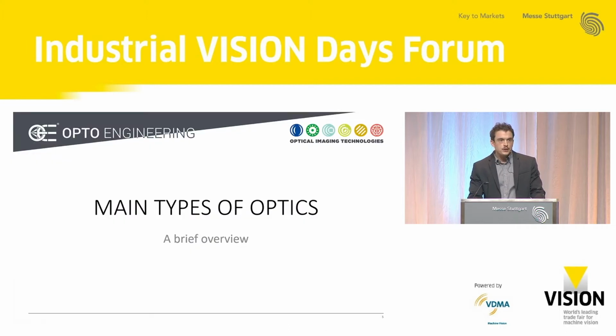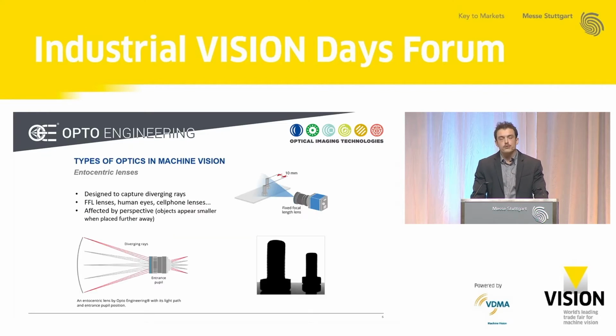In order to better understand the topic of the presentation, let me briefly give you an overview of the main types of optics that are employed in machine vision. Starting from those that are known as entocentric lenses, which is a complicated term to say that they work like our own eyes do.